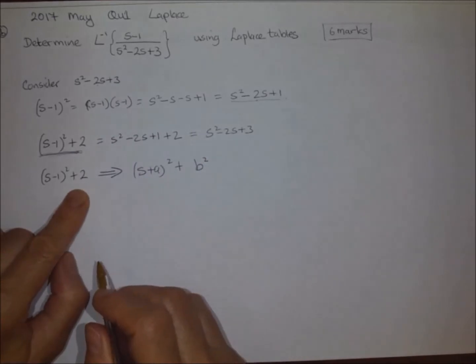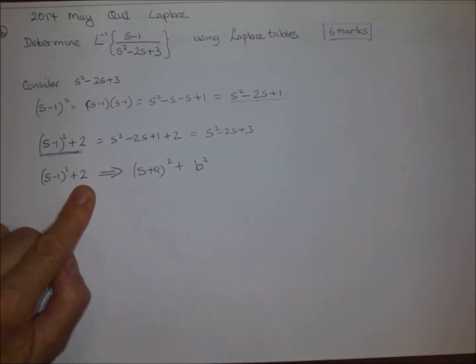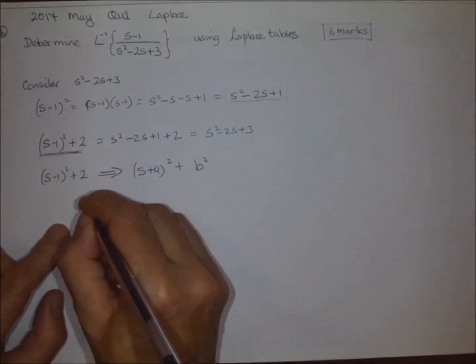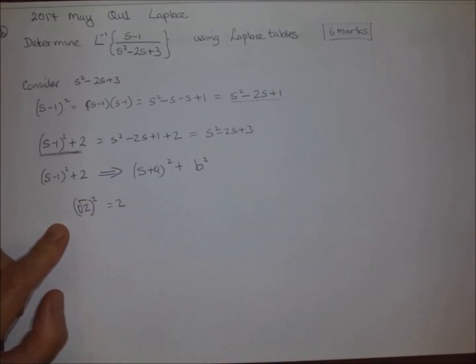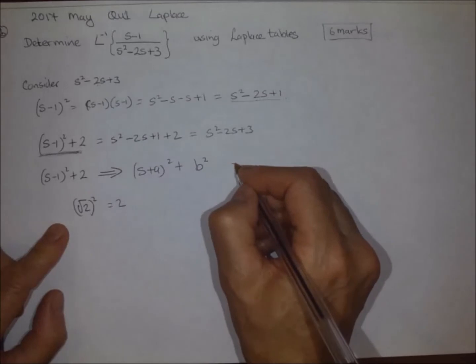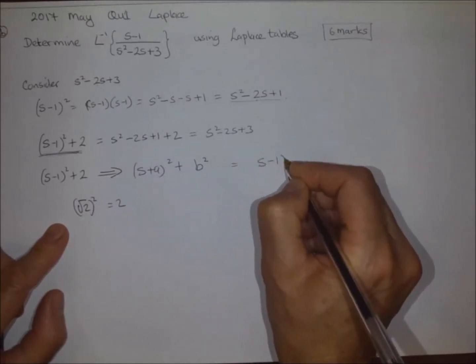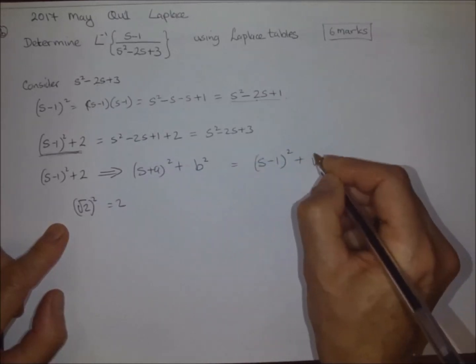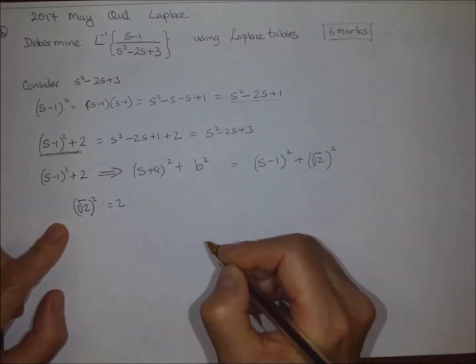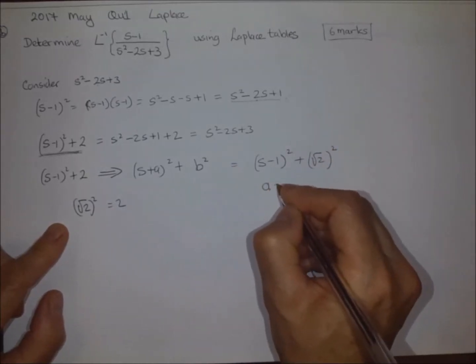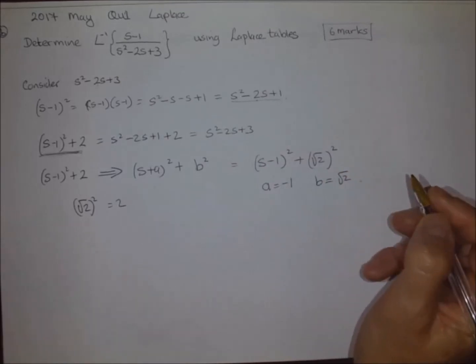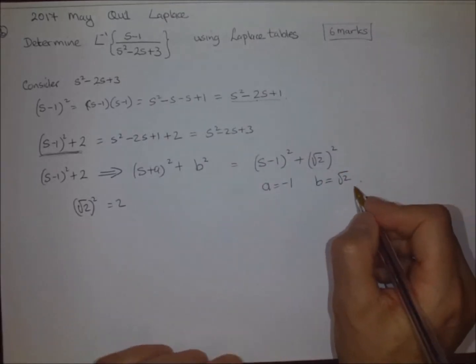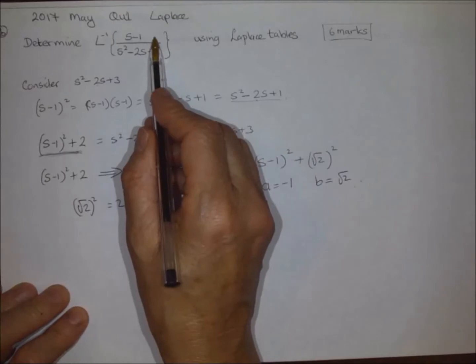The only problem is this is a 2, it's not a squared. But the square root of 2 squared equals 2. So we could rewrite this as s minus 1 squared plus the square root of 2 all squared. So a must equal minus 1 and b is equal to the square root of 2. We've got the bottom part sorted out, but we still have to look at the top.